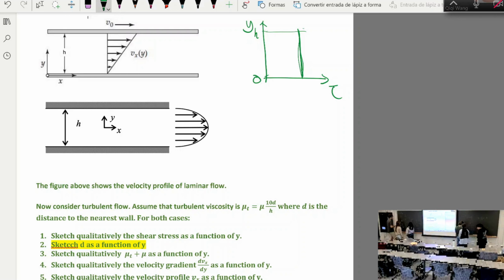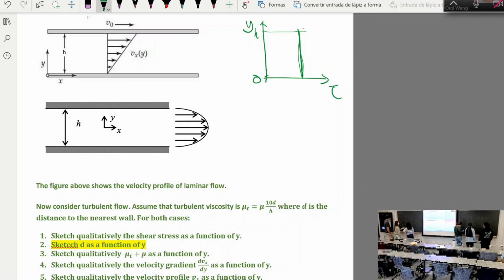Do you remember the formula for shear stress? It's equal to the total viscosity times dv/dy. So here you plotted the total viscosity in question 1, right? And you also know that the shear stress is a constant.